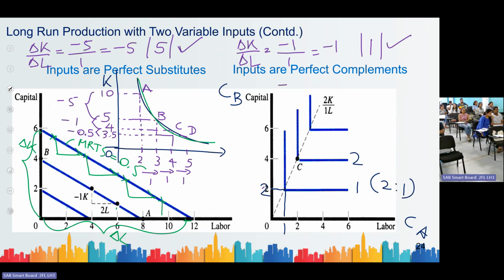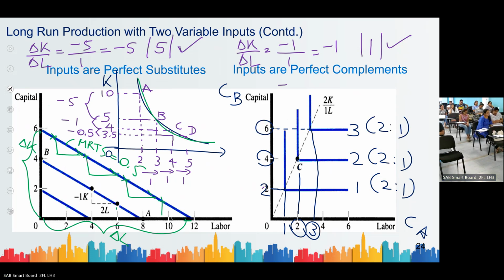To produce 2 units of tablets, the firm should utilize 2 units of A and 4 units of B. Again, the ratio is 2 to 1. To produce 3 units of tablets, the firm should utilize 3 units of A and 6 units of B. Again, the ratio is 2 to 1. The production will happen only at these corners, not at these vertical and horizontal lines.